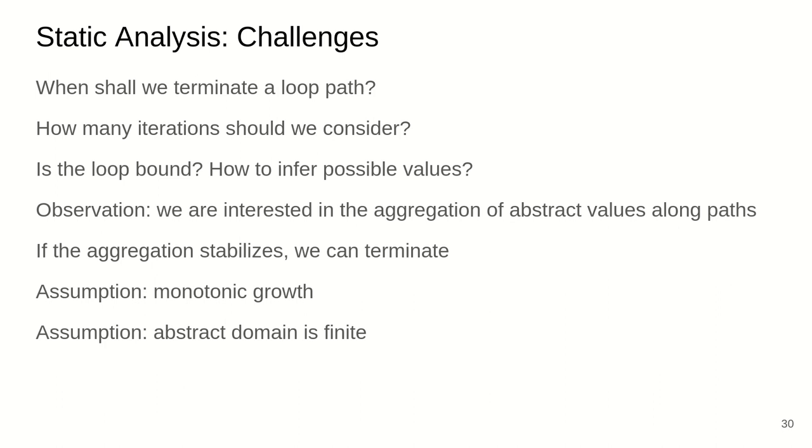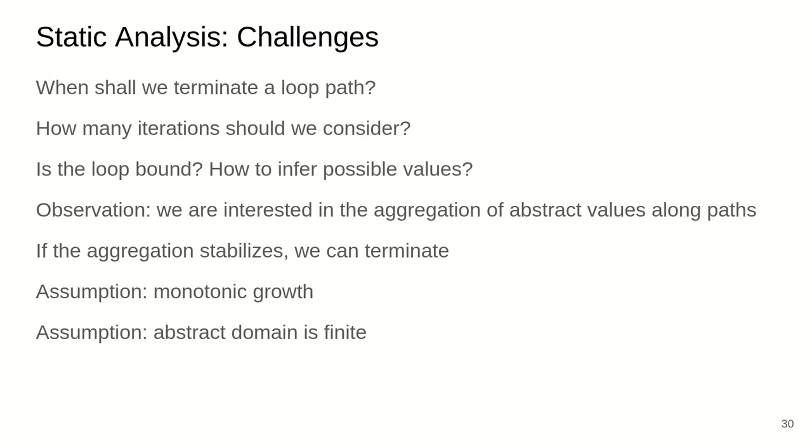Now, if you look at static analysis, there are certain challenges here, right? When shall we terminate a loop pass? How many iterations of a loop should we consider? Is the loop bound? How do we infer different kinds of variables and whatnot? We are interested potentially in the aggregation of these abstract values along the path. We have to decide when we stabilize. Is this a fixed point iteration?